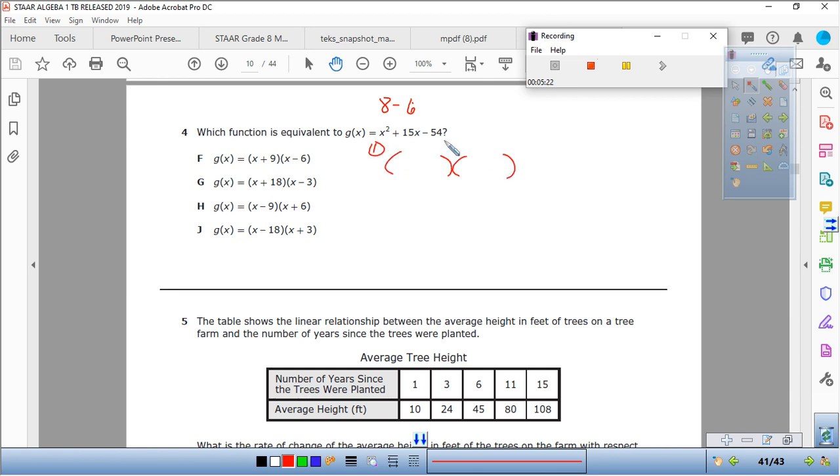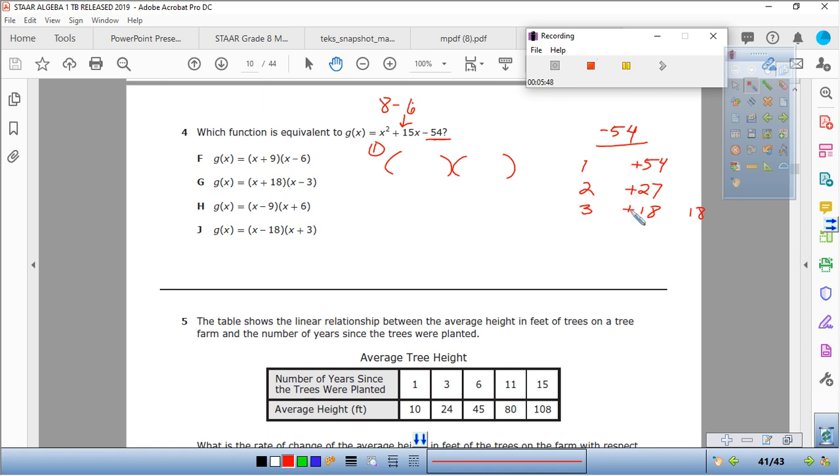Factor out like this. You look at the factors of 54. Remember, there's a 1 here, so I'm not multiplying it yet. I'm going to come out here, 1 and 54. But look, when I multiply these two, they give me a negative. Here it's positive. So these are going positive. 2 and 27. 3 and I think it's 18.